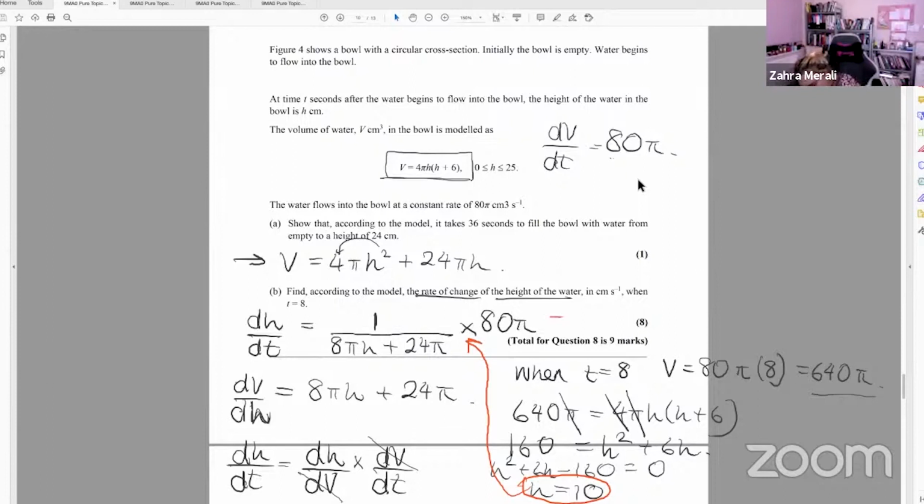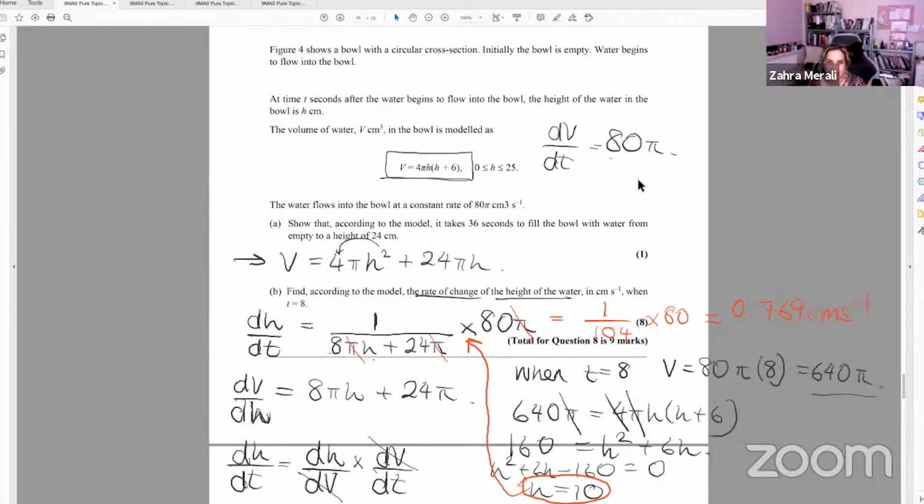The π's can all cancel, so 1 over 8 times 10, so 80 plus 24, so 1 over 104, times 80, which gives me 0.7, is it exact? No. So 0.769 centimeters per second.